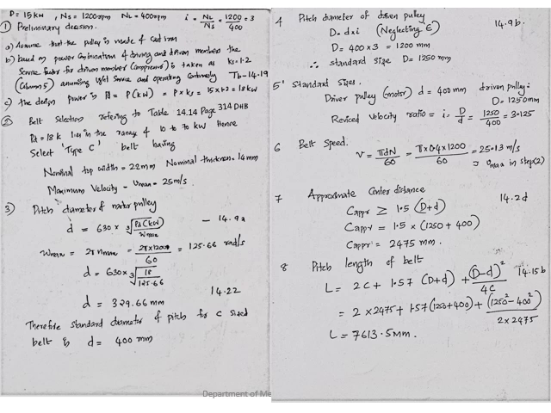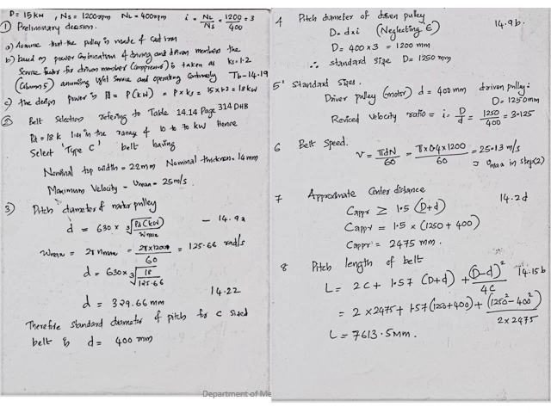We will be getting a value of 125.66 radians per second, and D is equal to value is obtained as 329.66. Like the previous problems, we will have a standard value of pitch diameter C of the belt is 400 mm. You have to refer the previous problem to check how we can find the standard value.